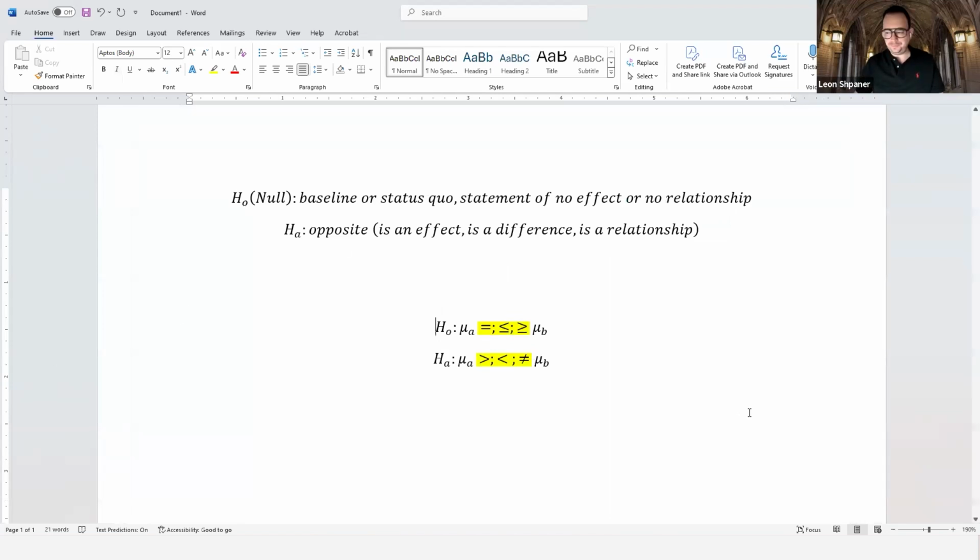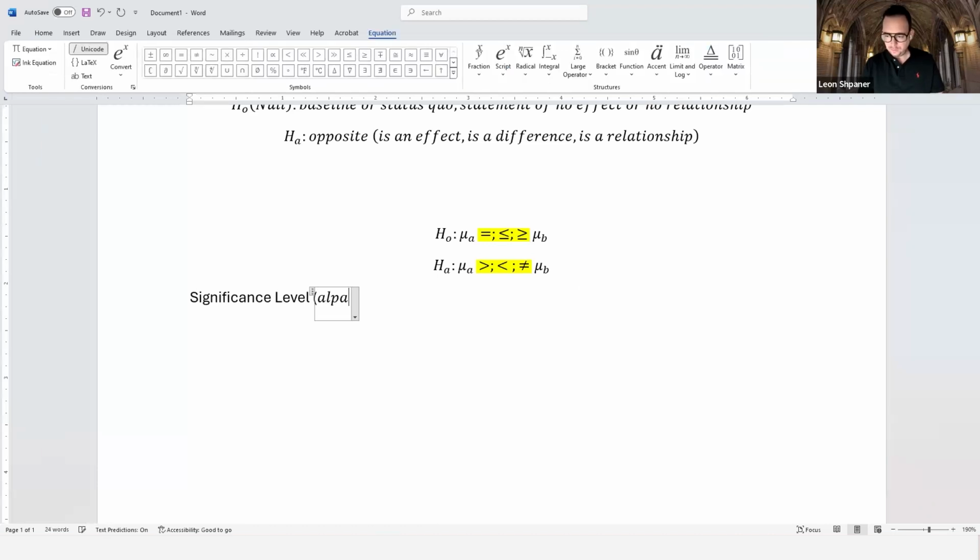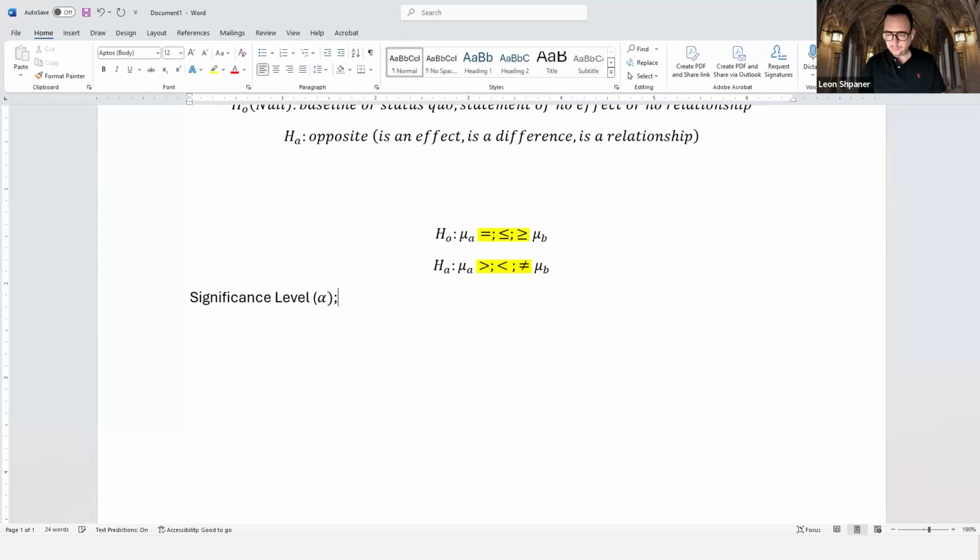Okay, so when you're evaluating your hypothesis test, you have to choose a significance level. And that significance level is your alpha. And typically it's 0.05 or 0.01.